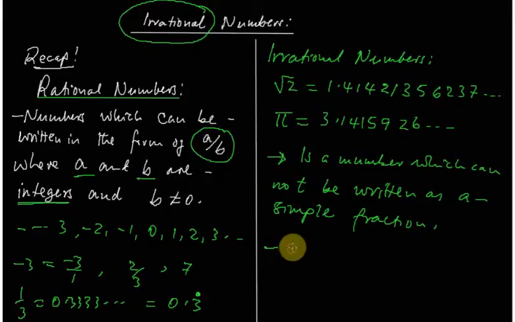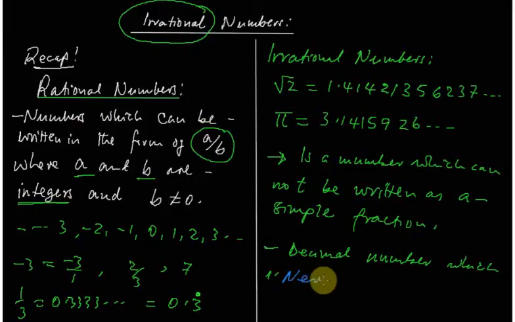A decimal number which one, never ends, and two, doesn't repeat.